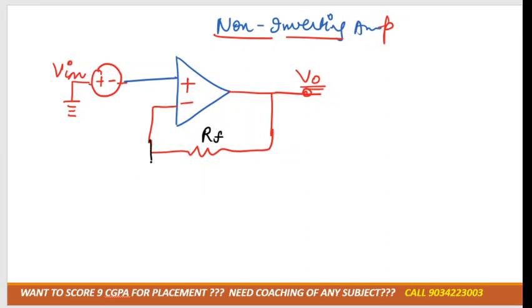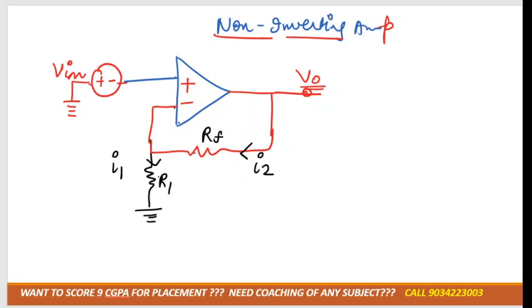Now we have to connect R1 also between the terminal and the feedback, and the other end would be grounded. So let us consider that in this path current I2 is flowing and in this one current I1 is flowing.